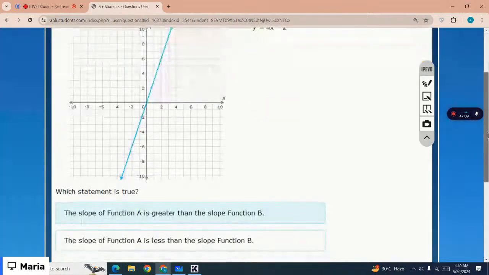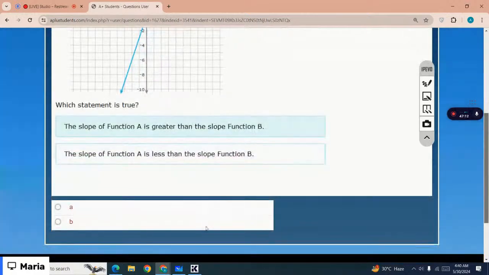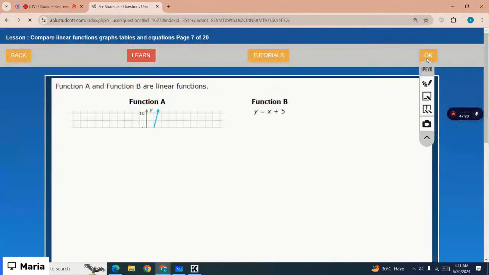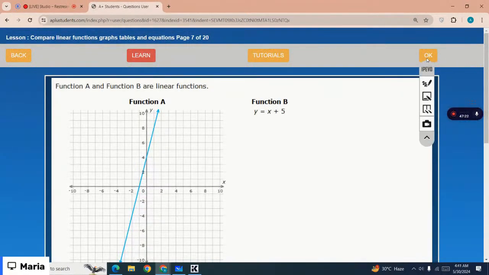That is slope of function A is less than slope of function B. So option number B is the correct option. Function A and function B are linear functions.